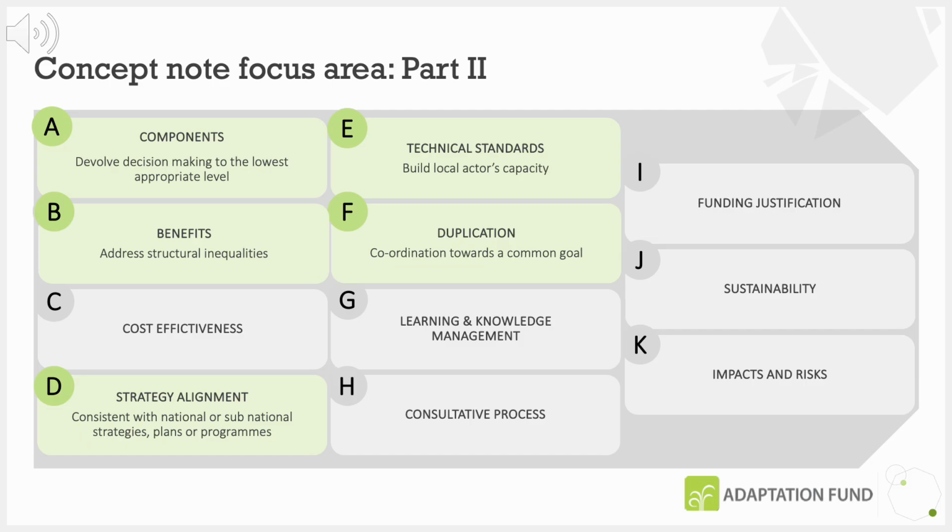F. Describe how the project or program will ensure coordination of different initiatives, sub-projects, and small grants towards a common goal and enhance collaboration across sectors. G. Describe how the learning and knowledge management component contributes to building and institutionalizing local capabilities.